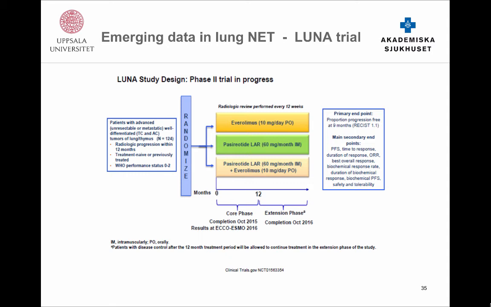But it has not been so effective in traditional gastrointestinal neuroendocrine tumors. But I can tell you that now we did this 3-arm study, everolimus, Afinitor alone, 10 milligram, versus pasireotide, 60 milligram every 4 weeks, and the combination.